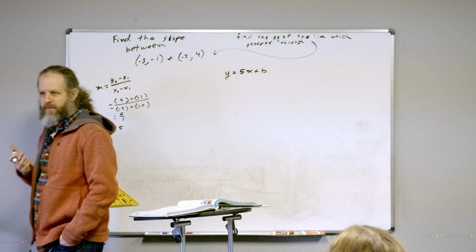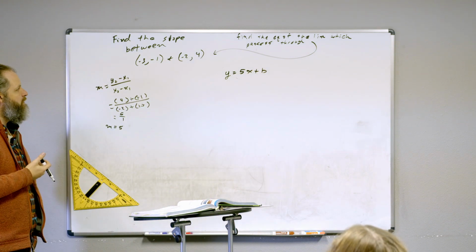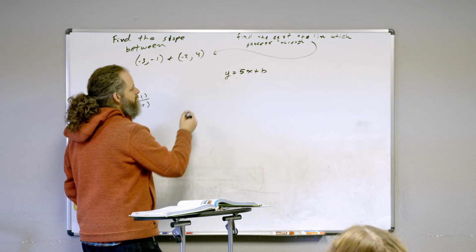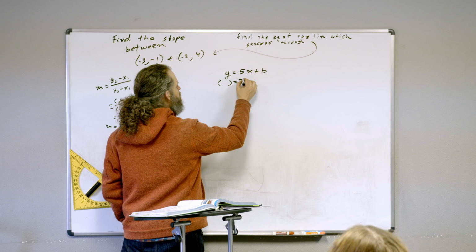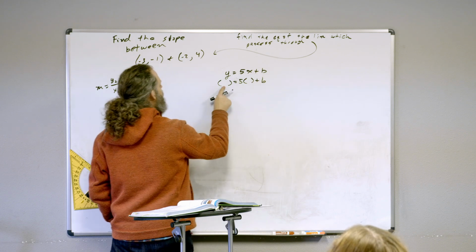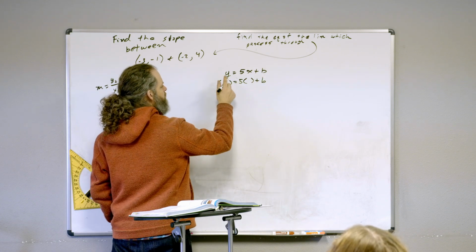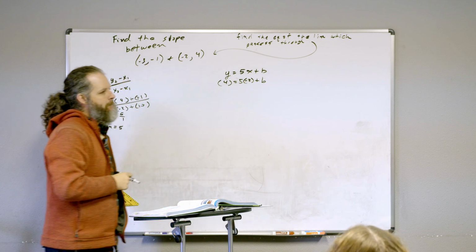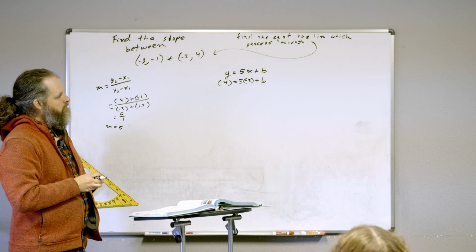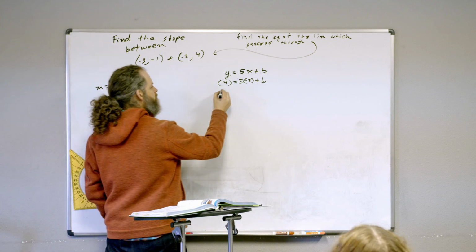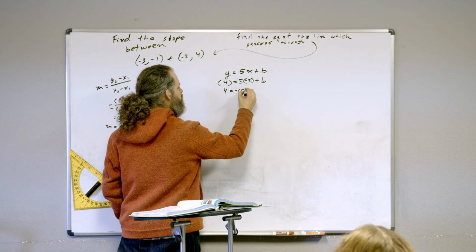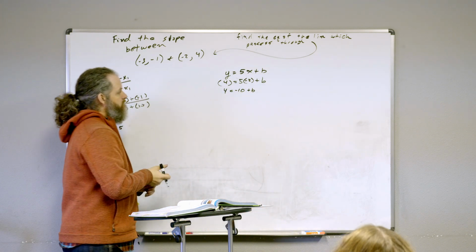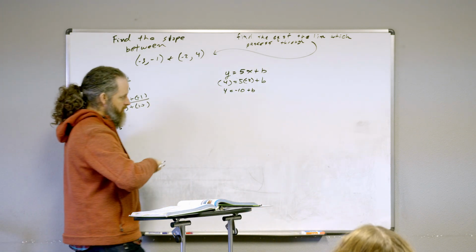Okay, so it's slope-intercept form, right? Now what would we do? Plug in negative 2 for x. What are we going to put right here? 4. And this one? -2. Now what? 4 equals -10 plus b. And then add 10, both sides.